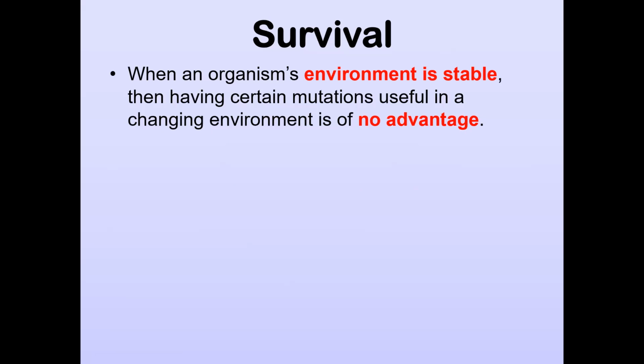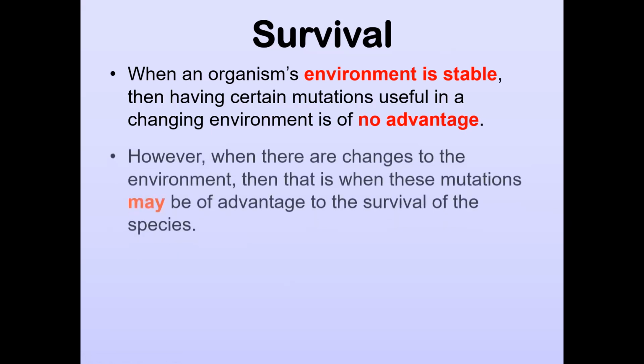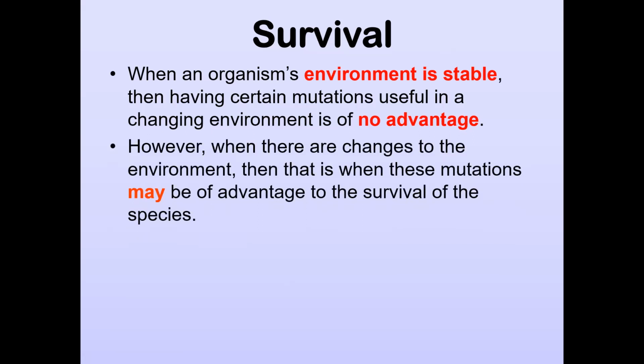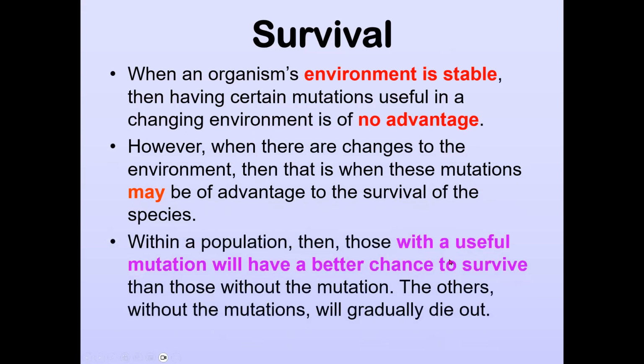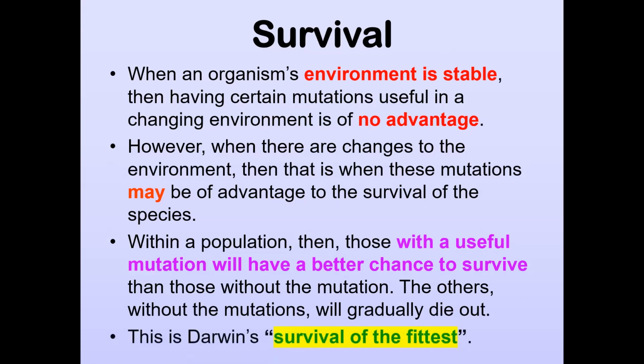There's no advantage to having the mutations until the environment changes. When there are changes, depending on what the change is, it may or may not be useful. It may be advantageous, maybe not. So within a population, those individuals with a useful mutation will have a better chance of surviving than those without. And those without just die out. And this is called, according to Darwin, who came up with the idea, survival of the fittest.